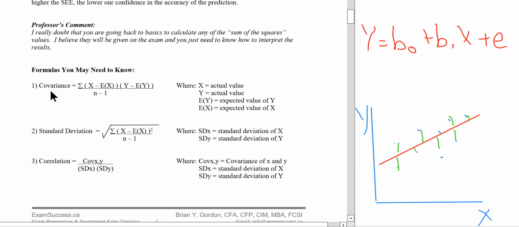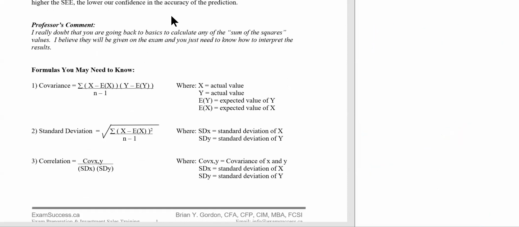These are calculating covariance, which I want to bring back, calculating standard deviation, and calculating the correlation. The reason why I wanted to throw these in here is there's a linkage. So, from the statistics, these formulas that we may know from the other areas of this curriculum, well, let's come over to our regression.